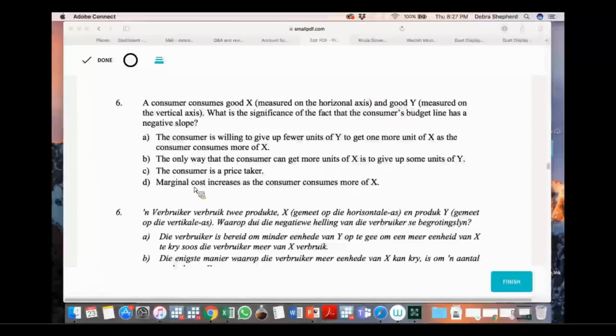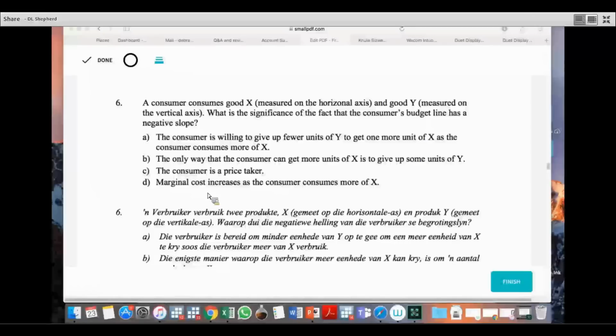Now, there's very clearly two wrong answers here. D is incorrect because marginal cost is not linked to consumption. Marginal cost is linked to production. Marginal cost is a topic that refers to suppliers, whereas marginal benefit is what refers to consumption.